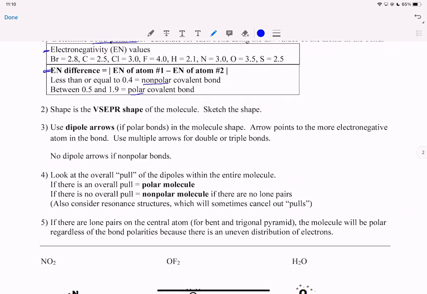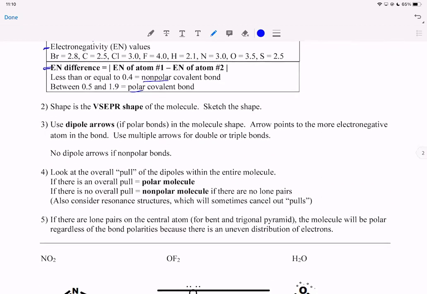And then when you turn those polar bonds into dipole arrows, that becomes arrows on a shape. You will have arrows pointing to the more electronegative atom. If you have double bonds or triple bonds, every line becomes an arrow.